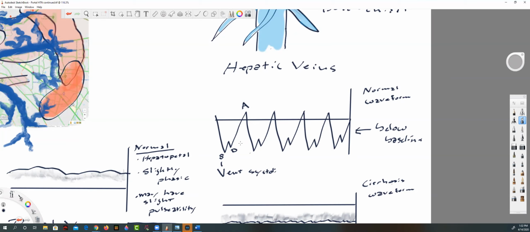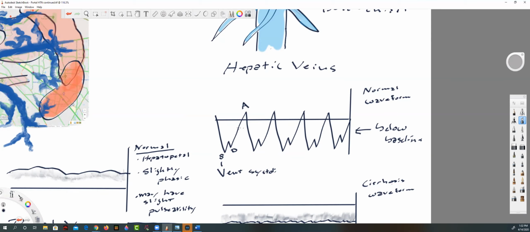So below the baseline, that's why we have it down here. It looks like a W, W, W. The S is ventricular systole, the D is ventricular diastole. So this is the pumping action of the heart.